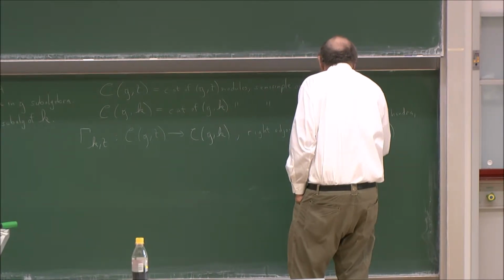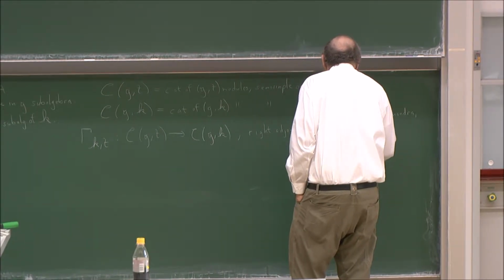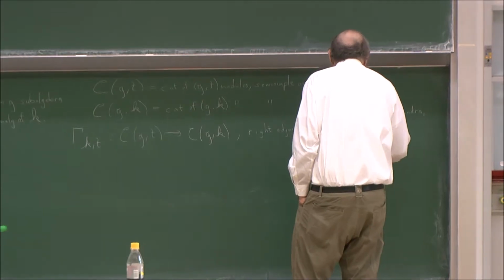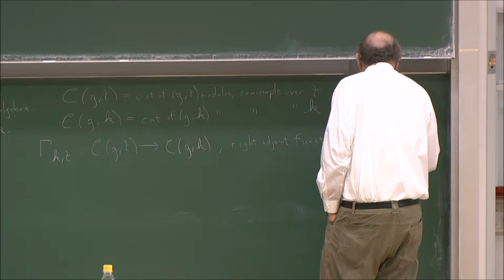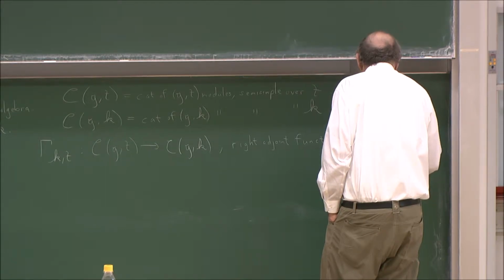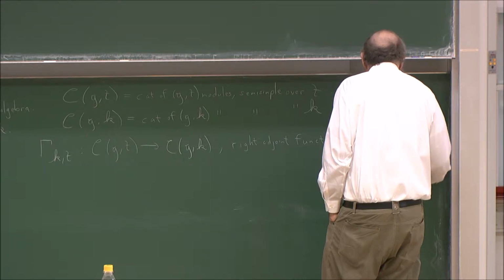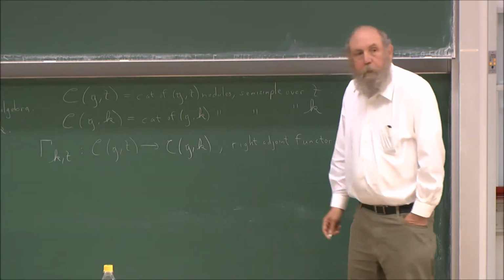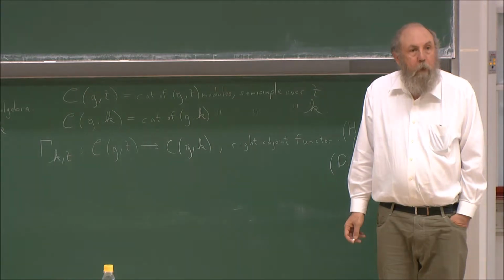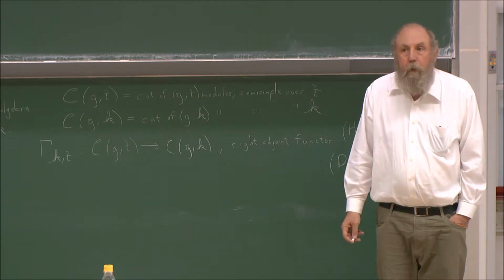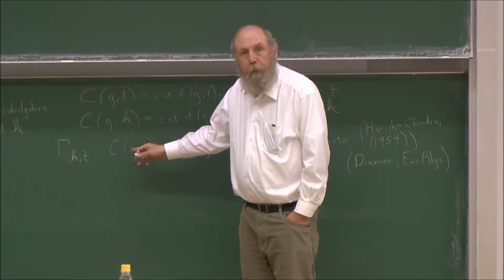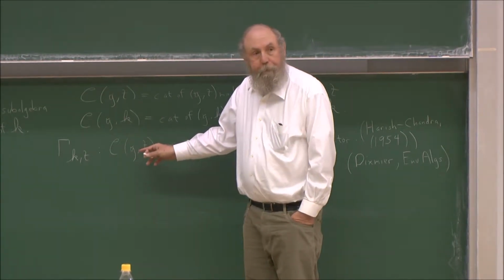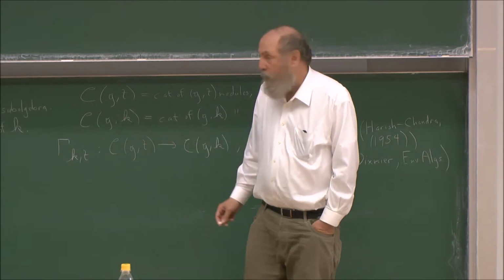If you look at Dixmier's book, this functor appears quite early and gets repeated over and over again. Perhaps not the relative functor, you might have just considered the case where T is zero. But certainly the idea is in the literature.